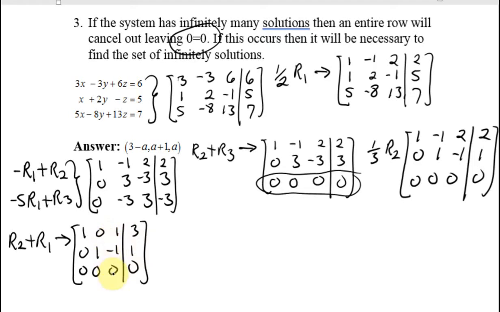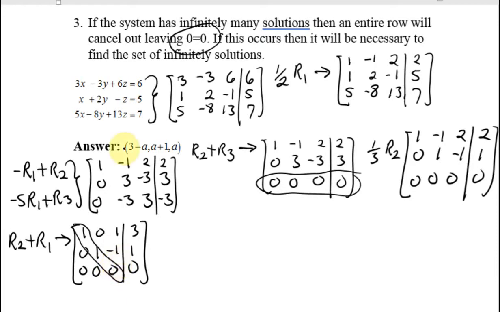We can't go any further because when you look at the main diagonal, the point of concern is where you have a 0 on the main diagonal. Where that 0 is, that variable becomes the floating parameter.